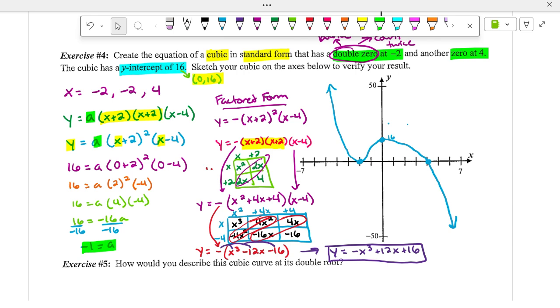Now you're going to use this point and plug it in for x.